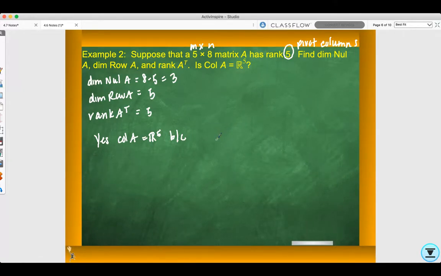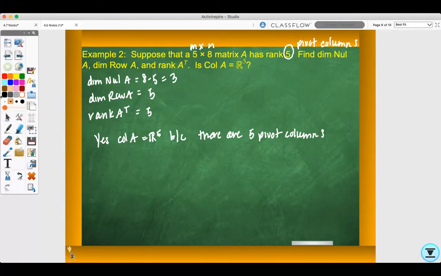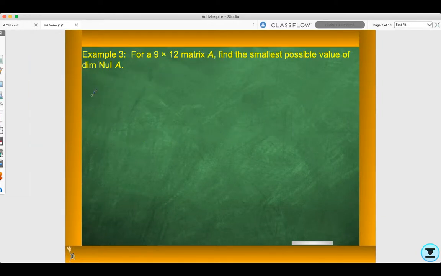So there's a pivot in every row. Let's look at example 3.